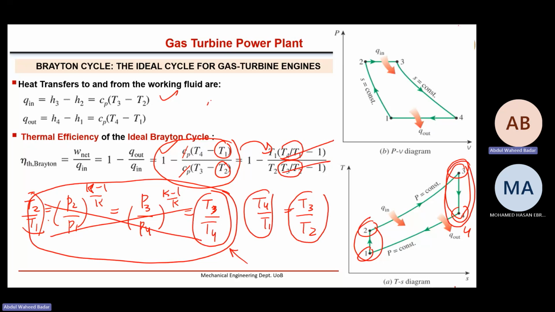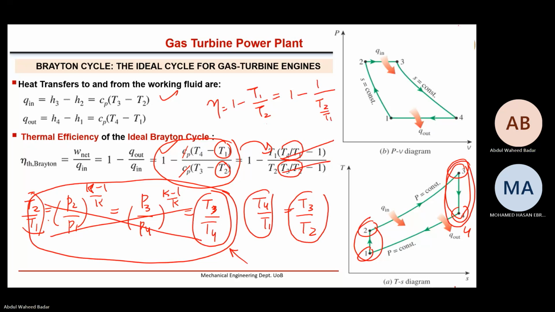So what is left? Efficiency is equal to 1 minus T1 over T2. I want to get rid of these temperatures. I want to write everything in terms of pressures. So I can write it as 1 minus 1 over T2 over T1.